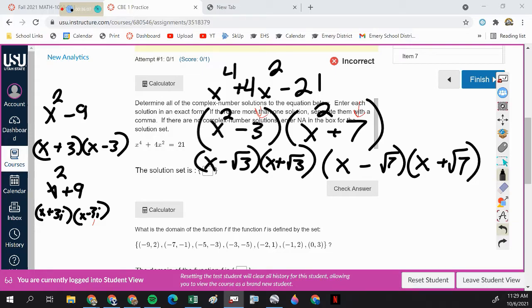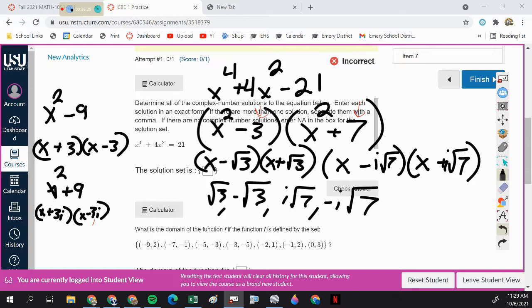No. So we need i's. So what is the solution set? Root 3, negative root 3, i root 7, negative i root 7. Does that make sense? Do you want to see another one of those?